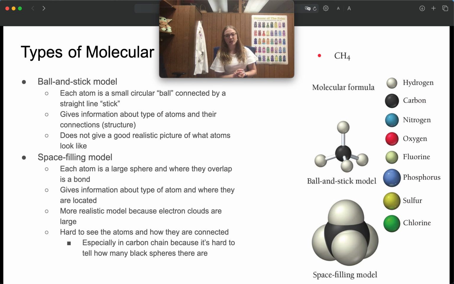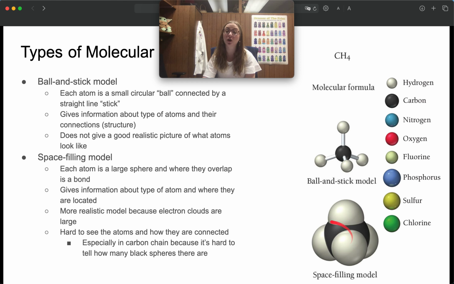In the space filling model, each atom is represented as a large sphere, and where they overlap represents a chemical bond. Here you can see where that white sphere is overlapping the black sphere. That's representing a chemical bond between a carbon and a hydrogen, just like that line in the ball and stick model.